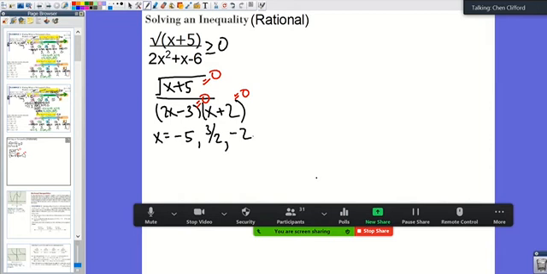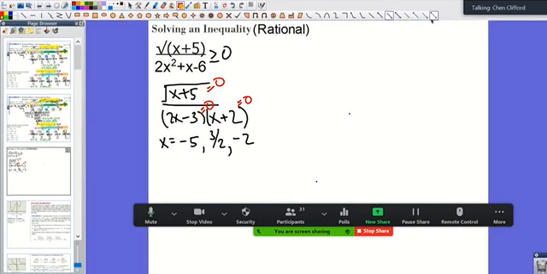So, what I'm going to do is draw a number line. Let's see if I can create a nice looking one here. Yes, it's a nice number line right there.